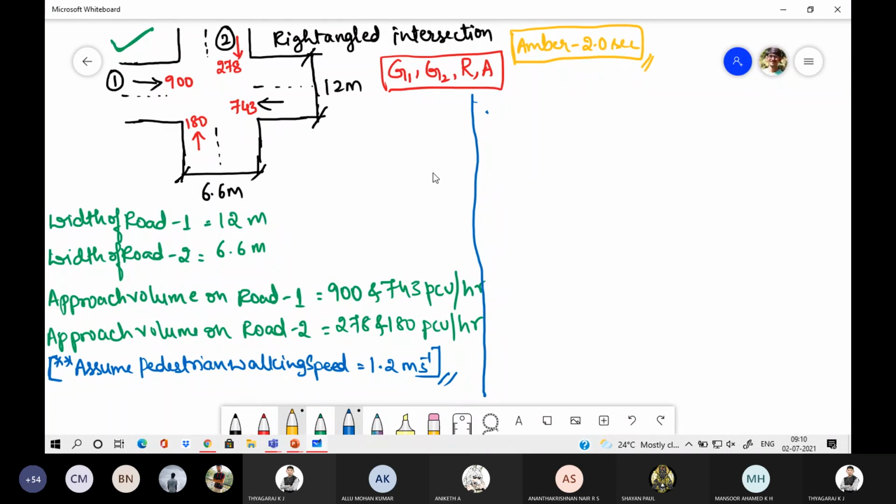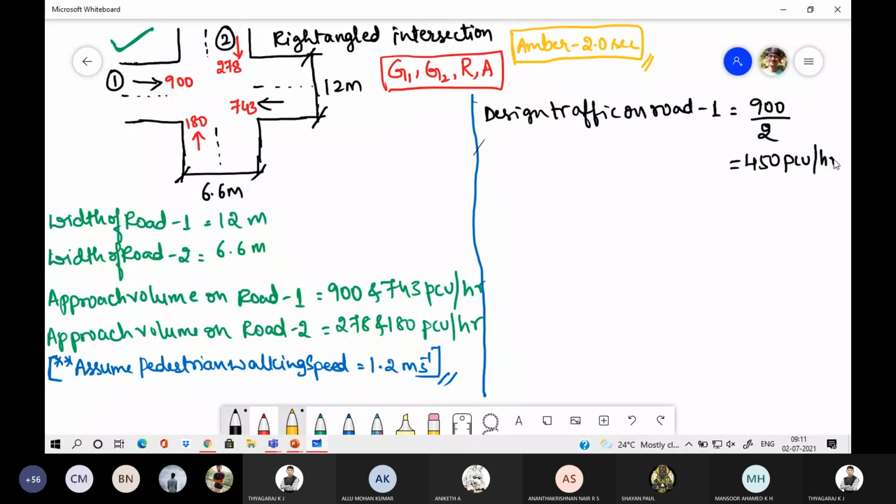Now design traffic. Design traffic on road 1 is equal to 900 divided by 2, so that will be 450 PCU per hour. Why?